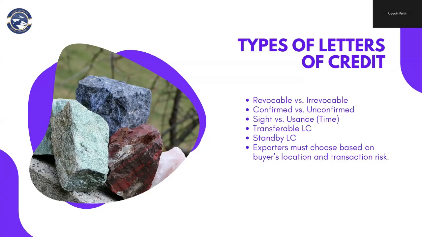So the types of letters of credit that we have. From that letter of credit, we can see that after advance payment, letter of credit is the most secured for an exporter. It's really secure for the exporter.